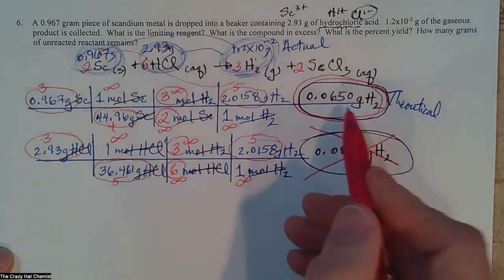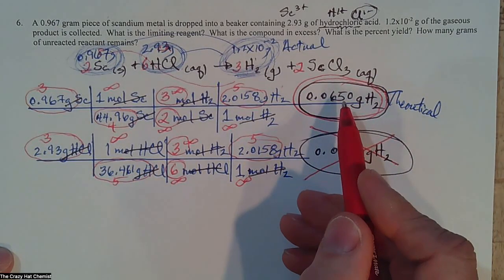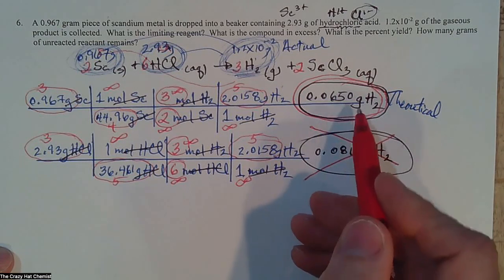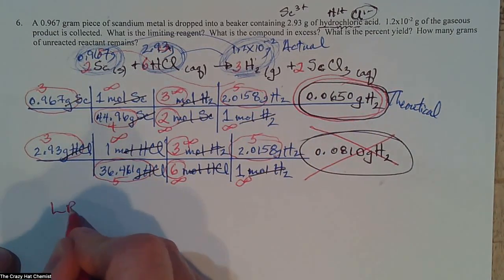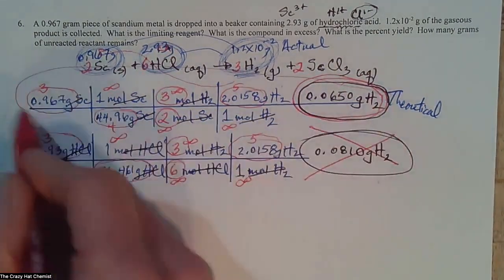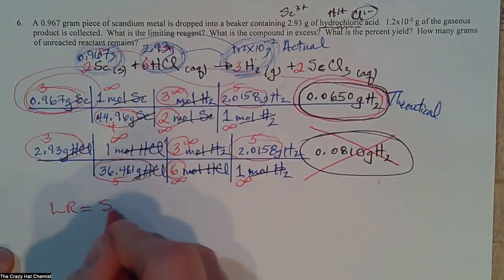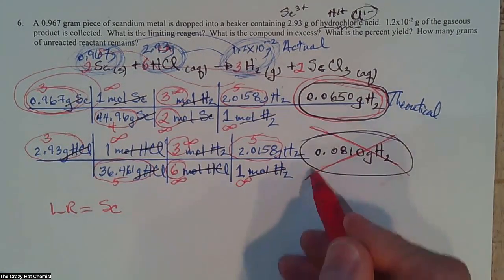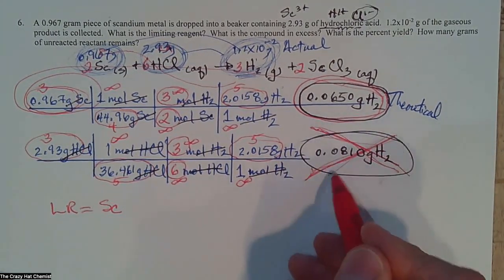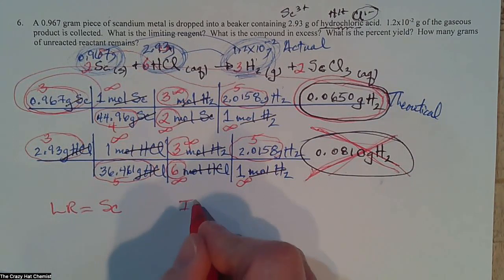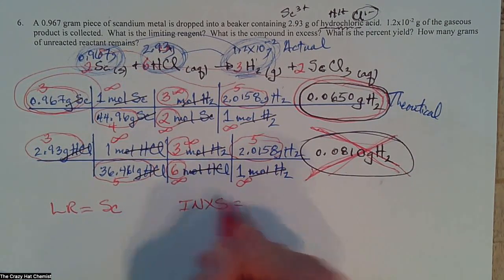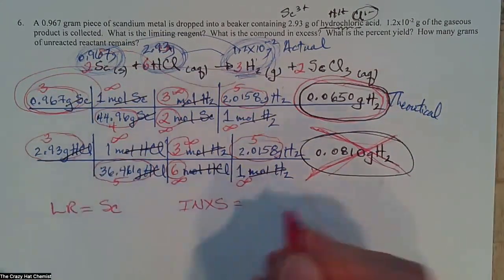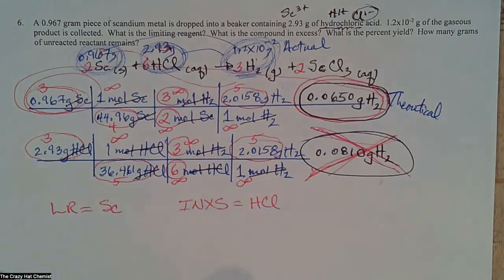I'm going to figure out from this theoretical yield, the smaller number, what is my limiting reagent. My limiting reagent is the one that made this, which is Sc. So scandium is my limiting reagent. The one that I crossed out, the one that might have made this amount, is my excess reagent, and that is HCl, hydrochloric acid.